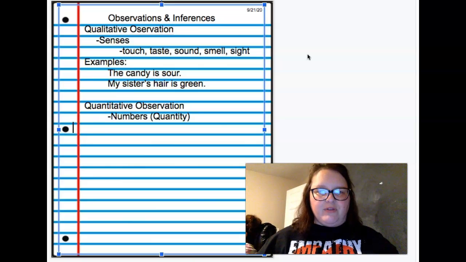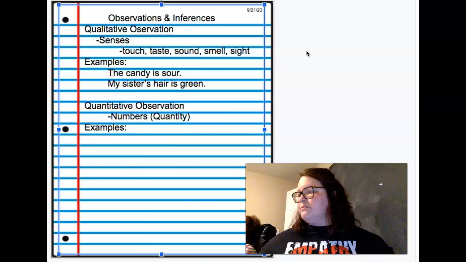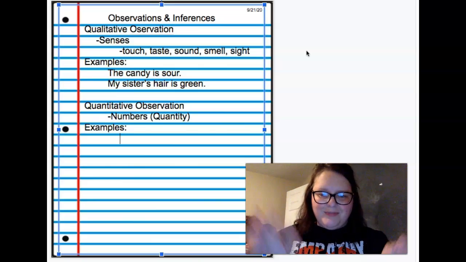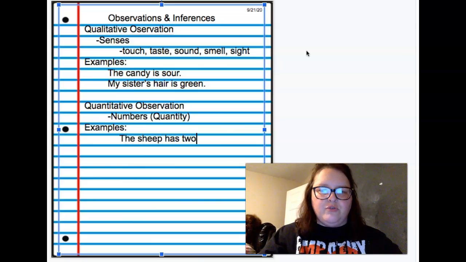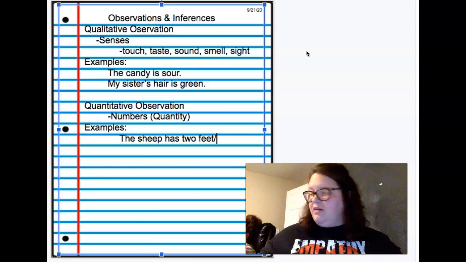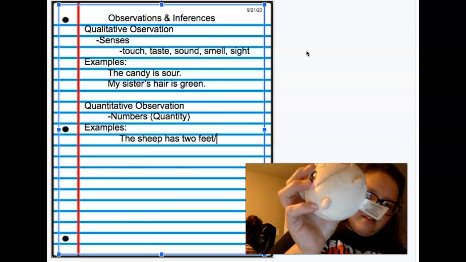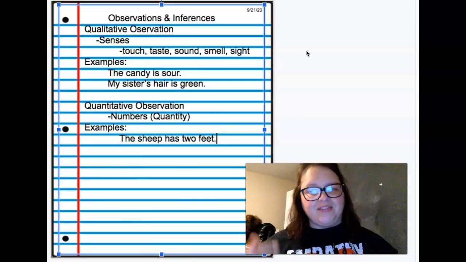So let's run through some examples real quick. Write these down because they will be helpful. Oh yeah, my sheep. The sheep has 2 feet. I can see that my sheep has 2 little feet on its body. Of course, we've talked about this. We know that that's a toy.